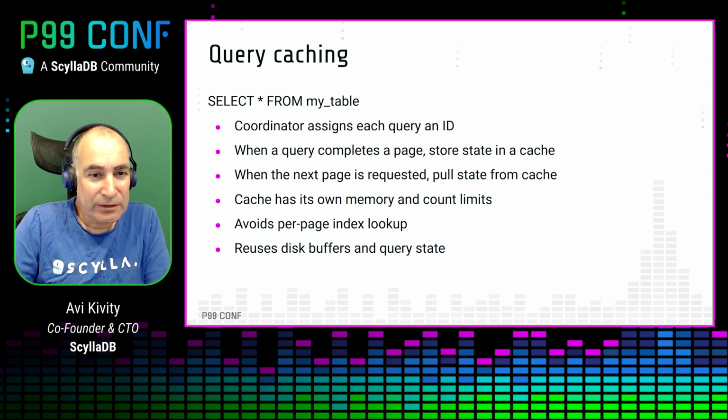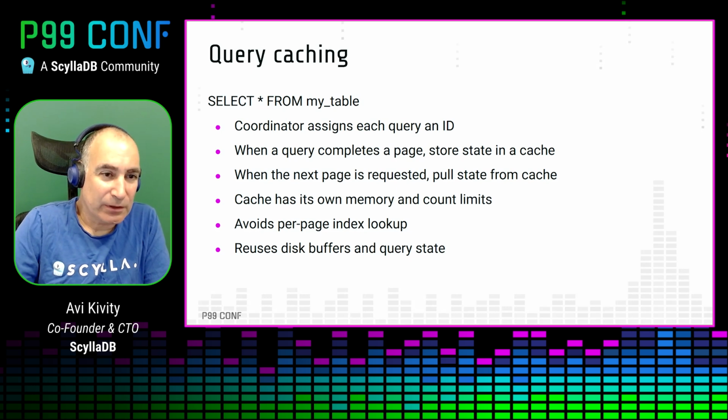Let's take a slight detour and go to the topic where we talked about paging queries. So long-running queries are paged at the coordinator level, and instead of returning millions of rows, we cut the query into 1 megabyte pages, which could be some thousands of rows.